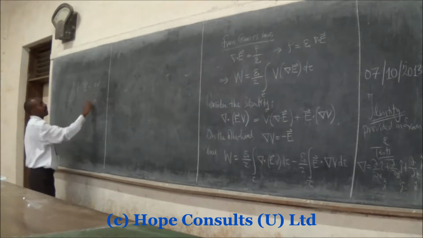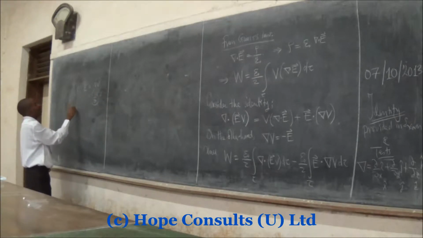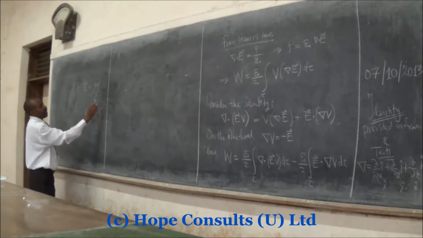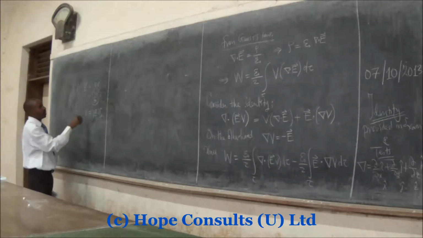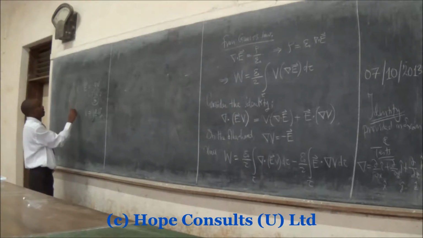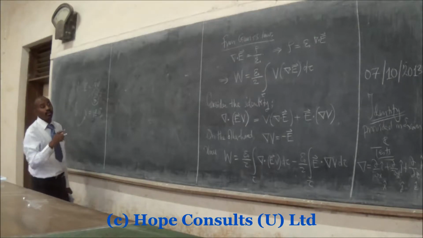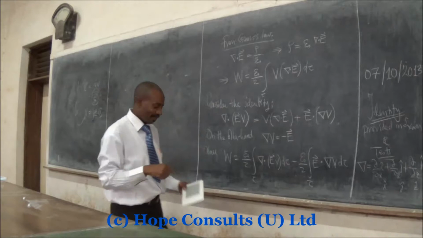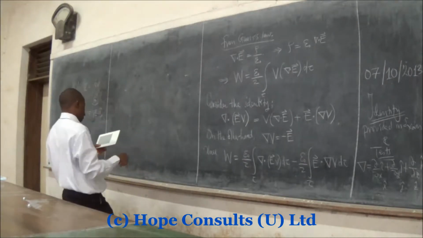And if you had E, you can get V as the integral of E. So it's crucial that once we get either the potential or the electric field, we can then find the other.